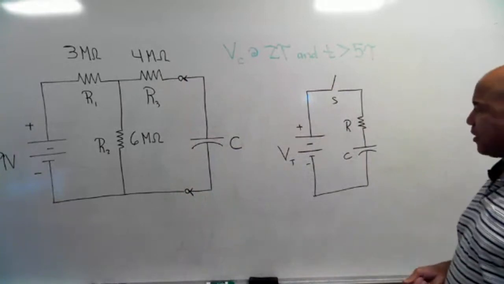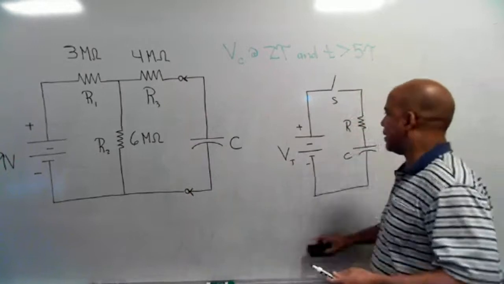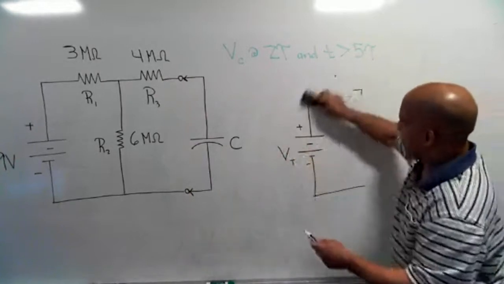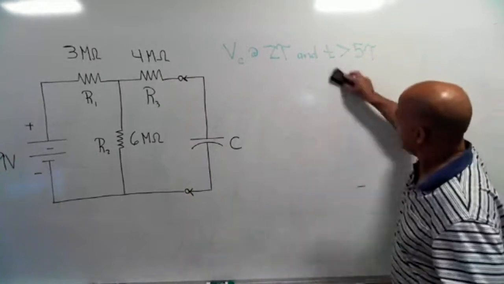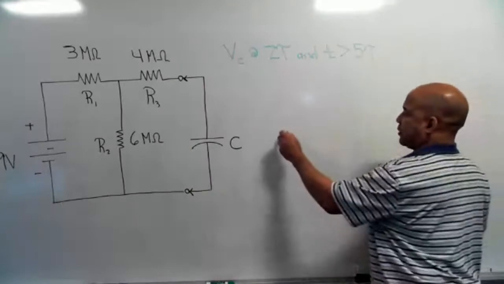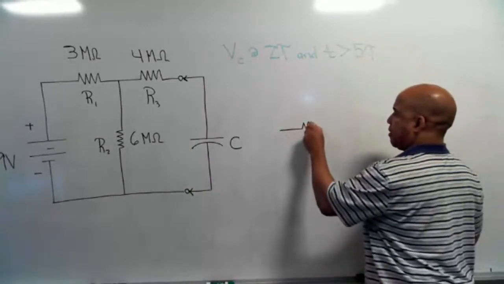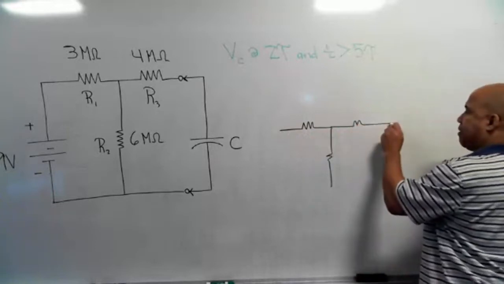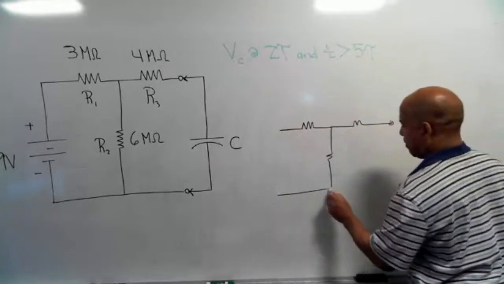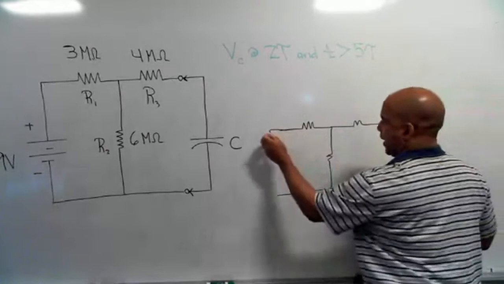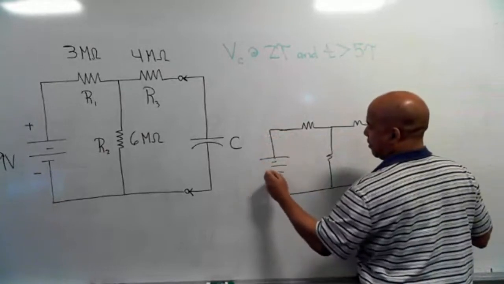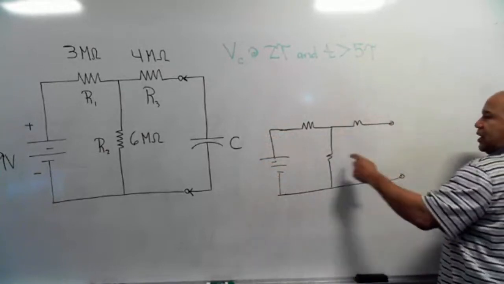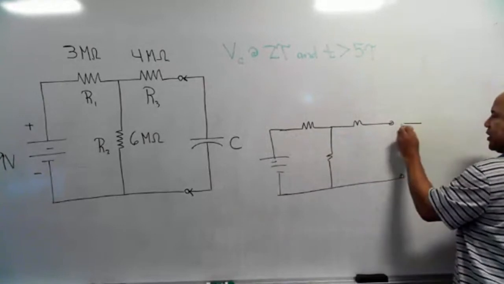If you remember, when you Thevenize a circuit, let's say instead of a capacitor, I had resistors like this. I had a resistor here, and here, and here, and a battery. So instead of a capacitor here, let's say I have a resistor here.